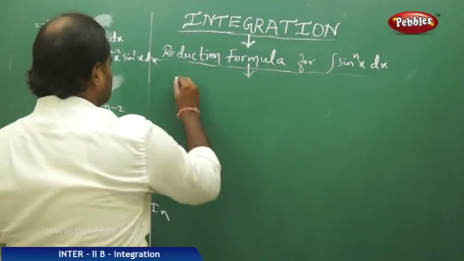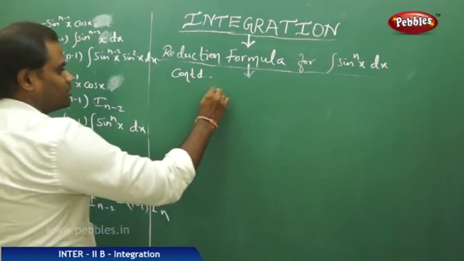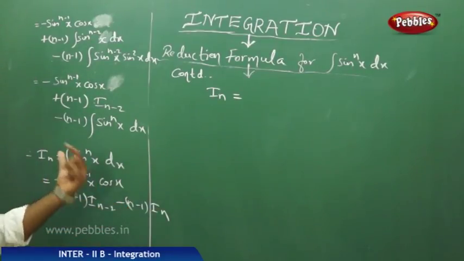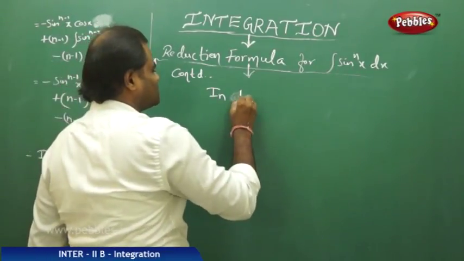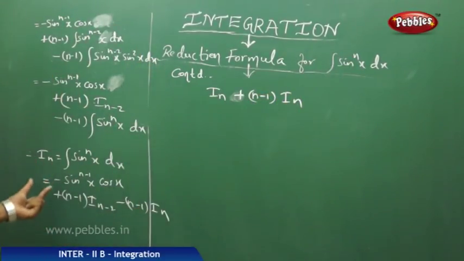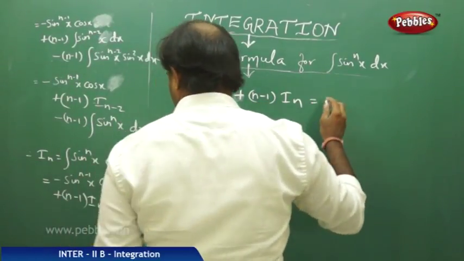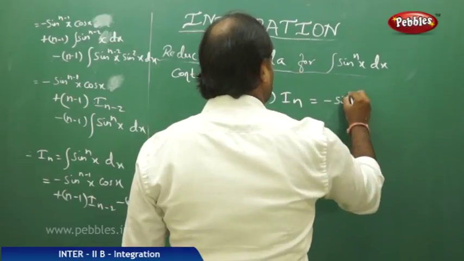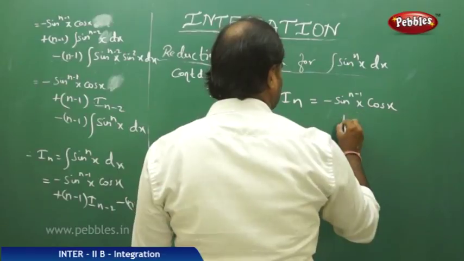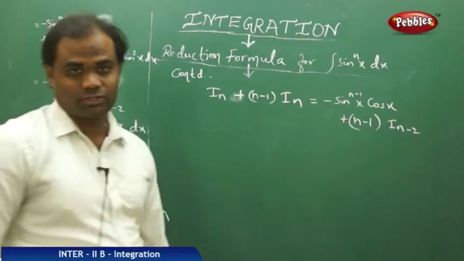So continued from here, my In further reduces to In equals, and this In also brought to the left will reduce this to In plus (n minus 1) times In, which comes to the left, and the right-hand side is minus sin^(n-1)x cos x, and this is plus (n minus 1) I(n-2).